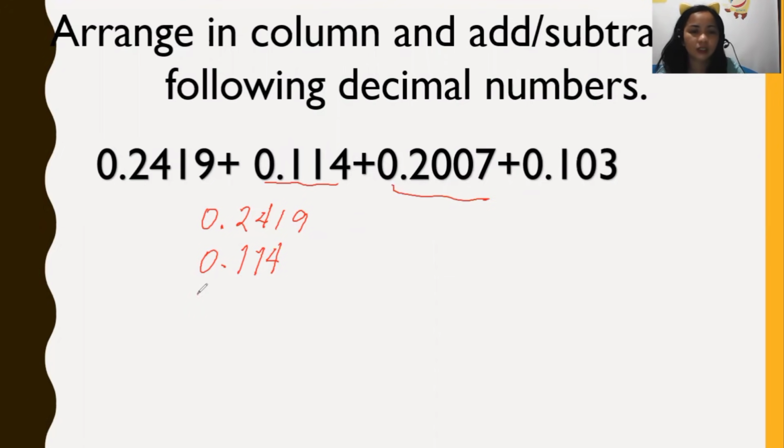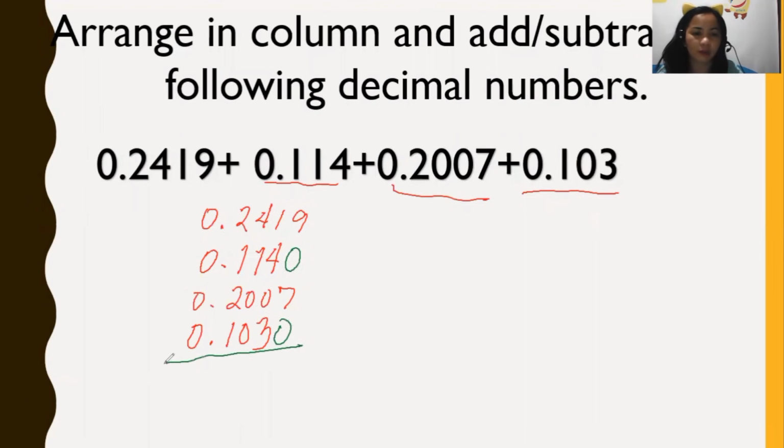And the second is 2,007 ten thousandths. And the third one is 103 thousandths. Let's put a placeholder here para pare-parehas yung bilang.